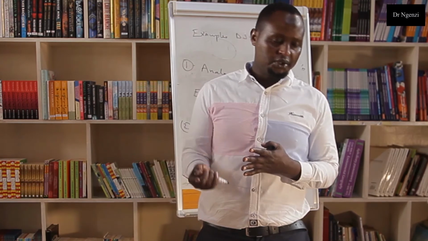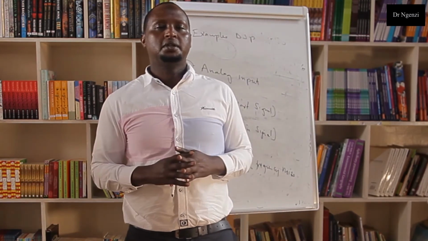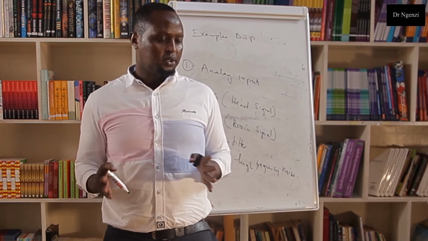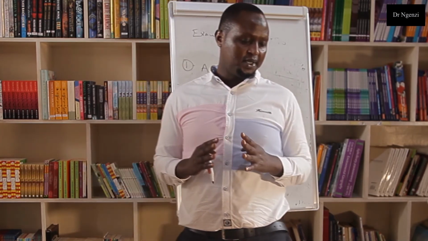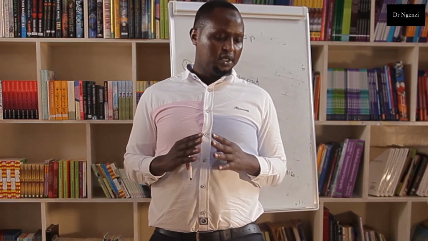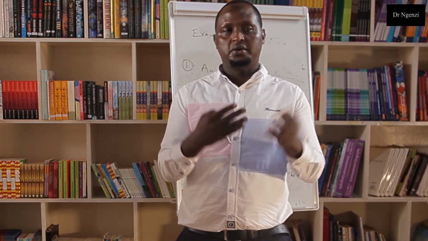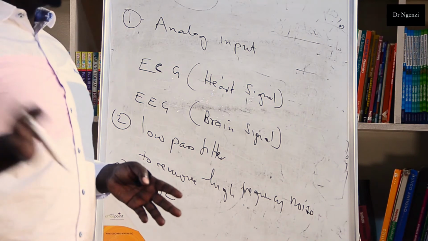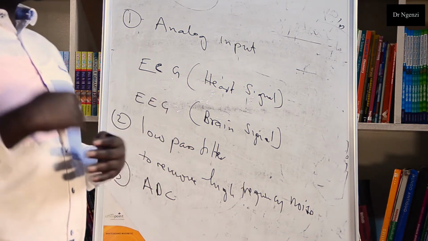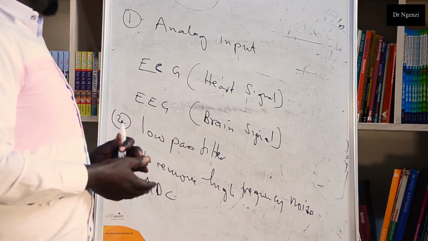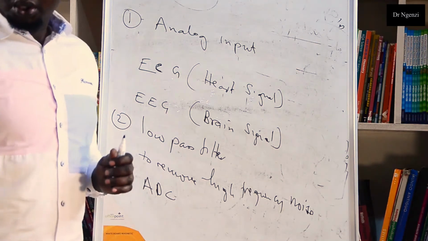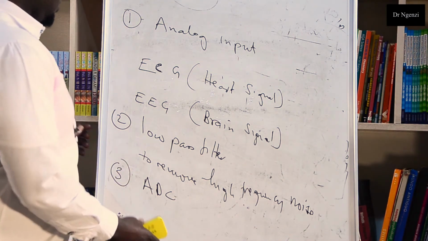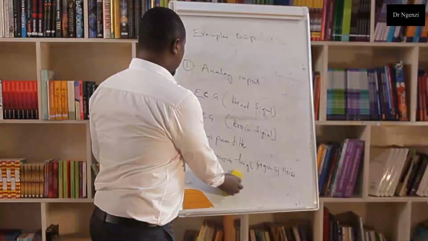It is used to convert the analog signal into digital form, because the digital signal processor accepts a purely digital signal. I told you from the beginning, the essence of this study is to convert the analog signal into a digital signal. So that's the importance of it.